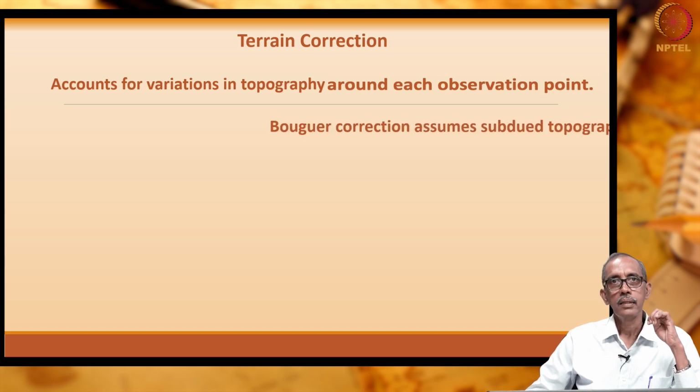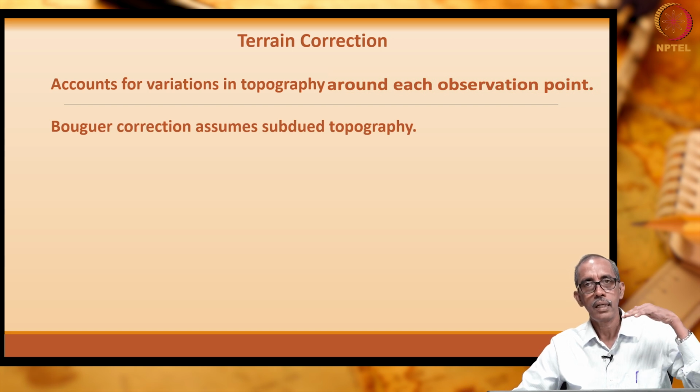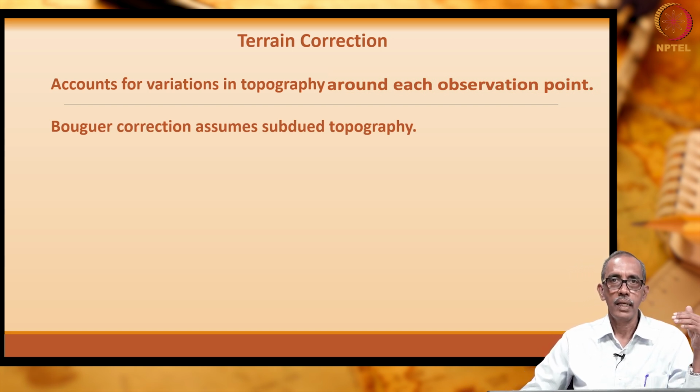In the Bouguer correction, we just assumed a subdued topography. That means we have not taken into account the actual topographic variation around our station.